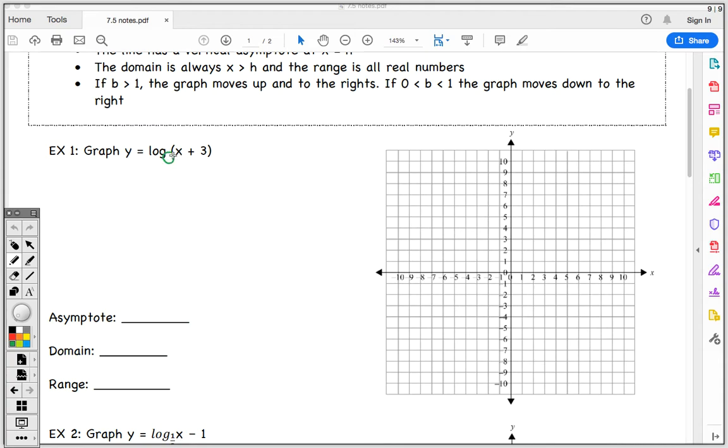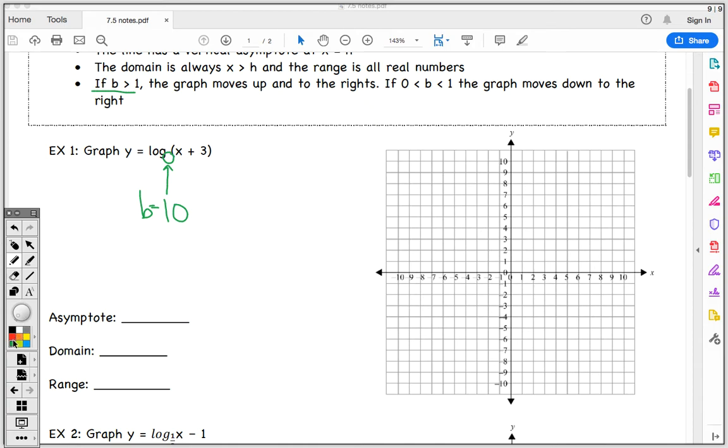Okay, so here is my base. Oh wait, there's no number there. Remember, this is base 10. We work in a base 10 system. So the b is going to be equal to 10. So if b is greater than 1, it's going to go up and to the right. Alrighty.